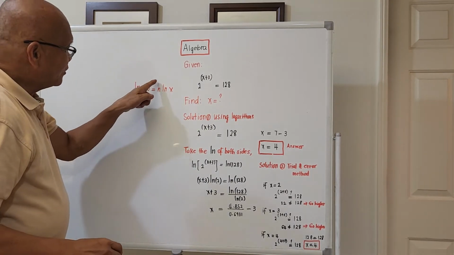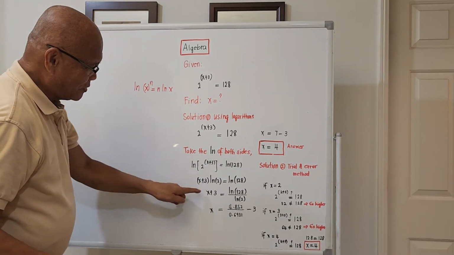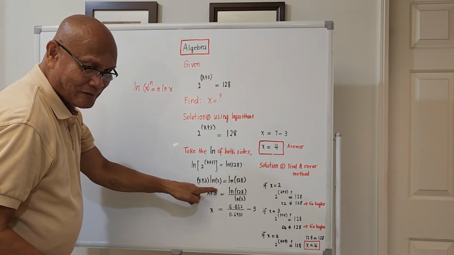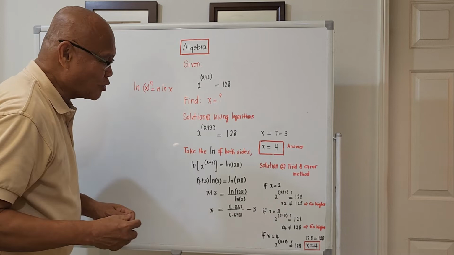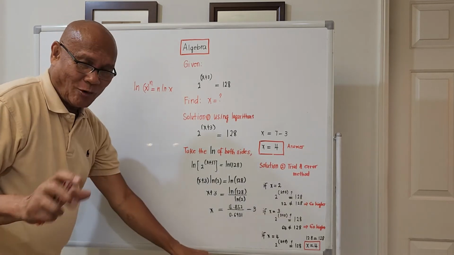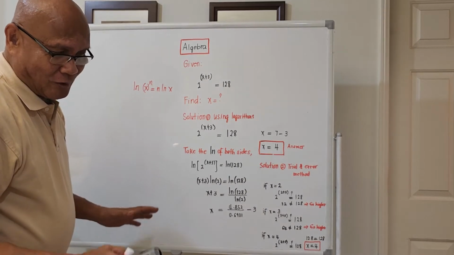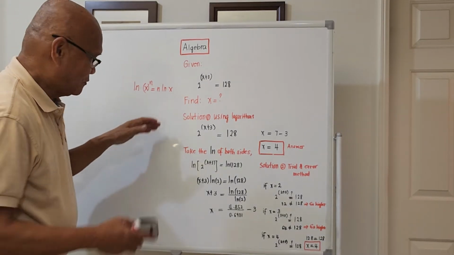We could bring down the exponent, so this is the exponent now, times the natural logarithm of the base. We follow that one. That's a law of logarithms. So those YouTubers who are emphasizing the so-called laws of logarithms, this is it. Okay?